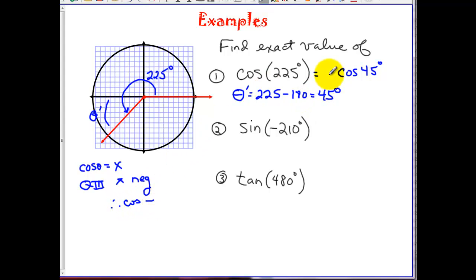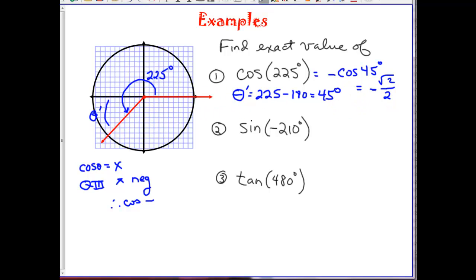So we want negative the cosine of 45. And now we need to remember from our table of exact values, we talked about it on another tutorial, that the cosine of 45 degrees is square root of 2 over 2. And we need it to be negative because we are in the third quadrant.